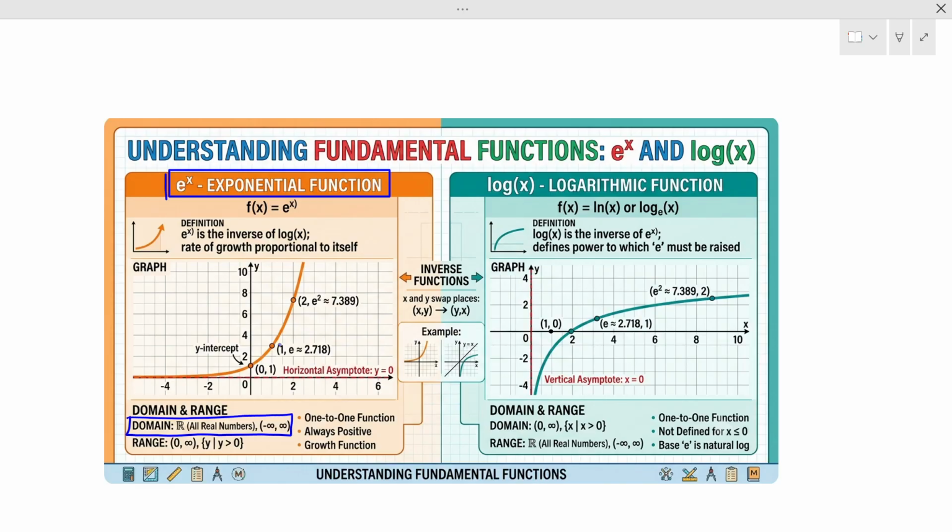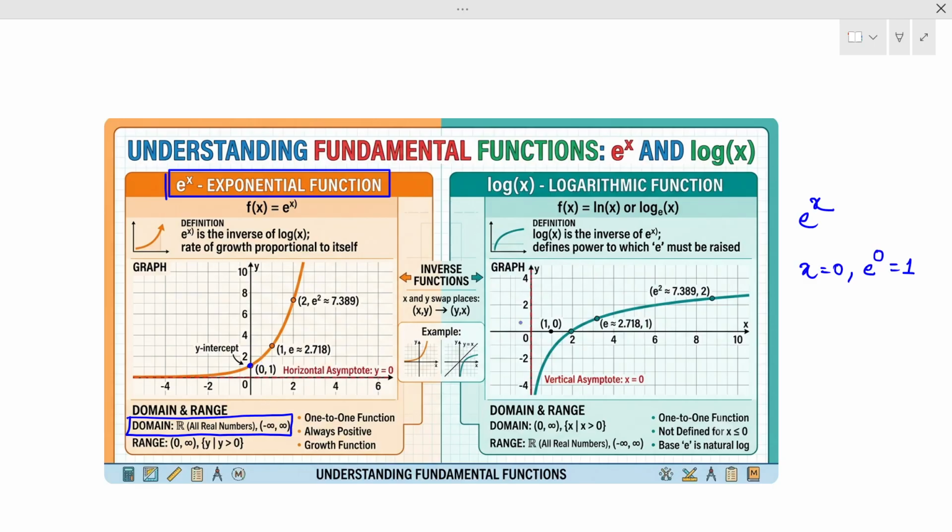What will be the range? The range will start from the y-axis. If you take x as 0, that will be e raised to the power 0, which is 1. So it starts from 1 to infinity.